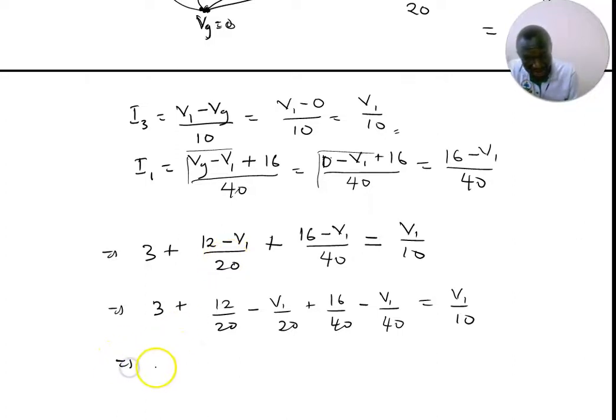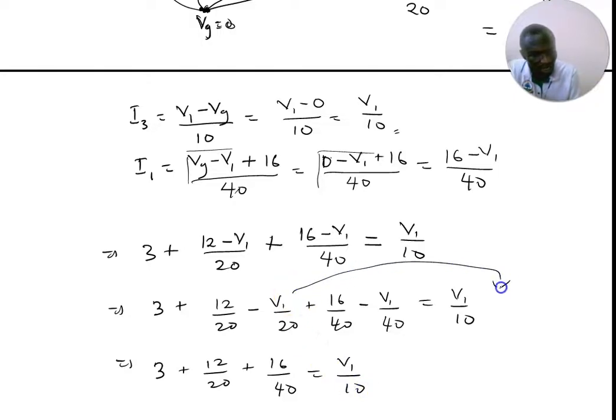So at the end, what do I get? I'm going to group like that. So I have 3 plus 12 on 20, plus 16 on 40, equal to V1 on 10. I'm carrying this one to that side and this one equally to this side of the equation. It's going to be plus V1 on 20 and plus V1 on 40, right?